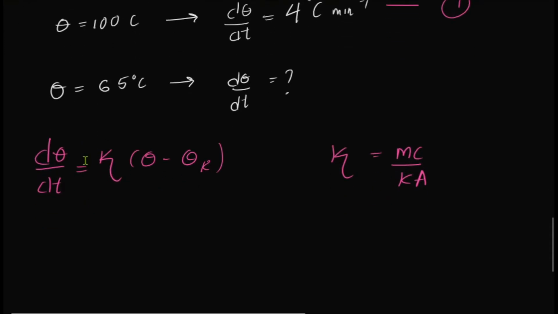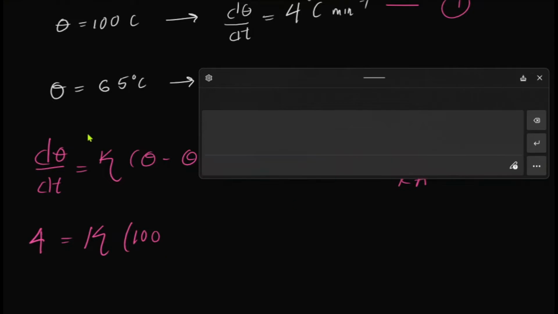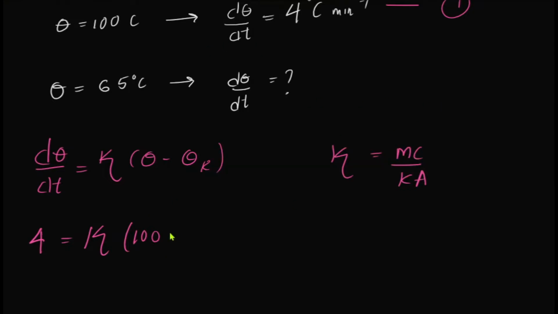The cooling rate is 4, K is a constant, the temperature is exactly 100, and the room temperature is 30. So this is equation 1, right?